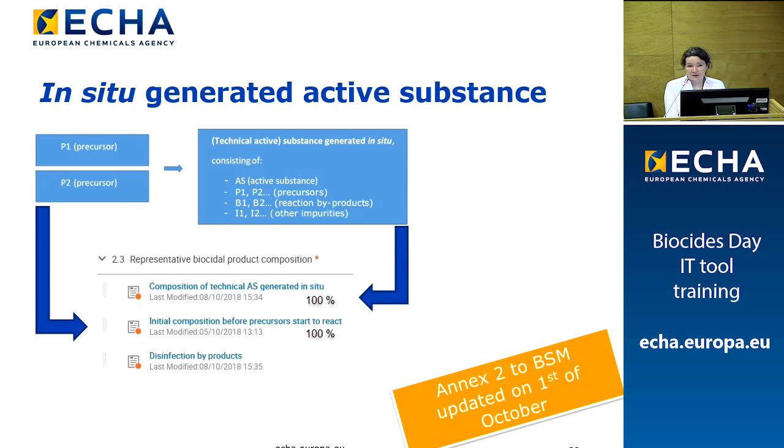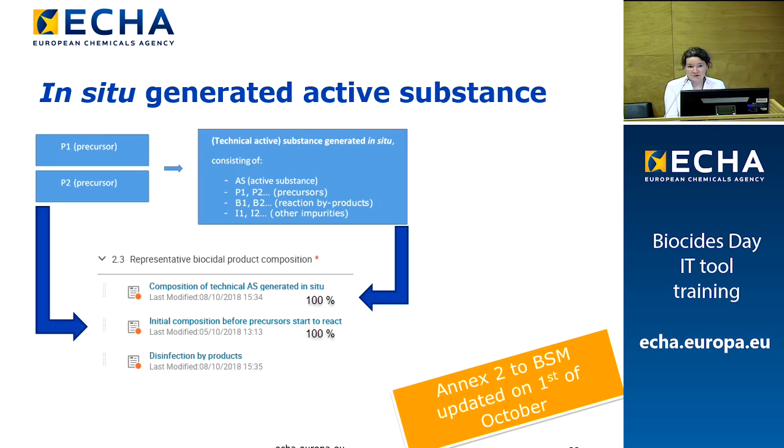Today, during the hands-on training exercise, you will work with an in situ generated active substance. So I remind you here of the schema. We have precursors, then the precursors react, and the active substance is generated in situ. So we need to report two compositions.